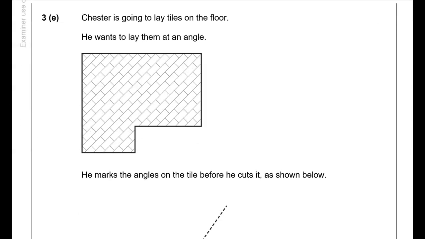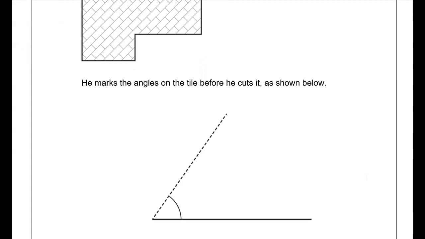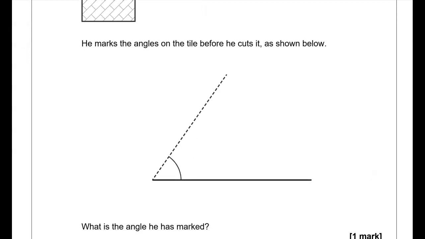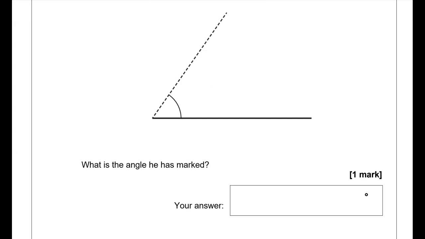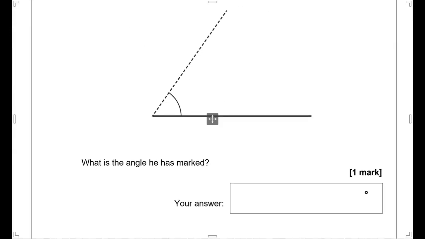Chester is going to lay tiles on the floor. He wants to lay them at an angle. He marks the angles on the tile before he cuts it, as shown below. What is the angle he has marked? So we'll measure the angle.